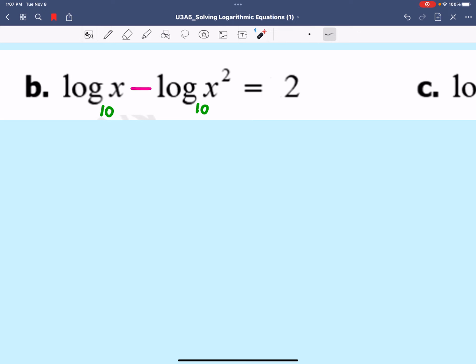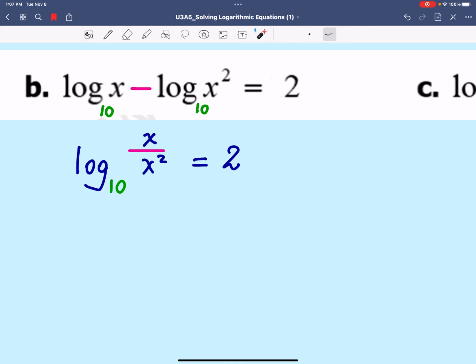On the left side, we have two terms we can combine. They're connected by the minus sign, which means that they must be connected by the quotient law. So we're going to rewrite this as a single log term, with x in the numerator and we are dividing. That's the quotient law. And then we're going to have this equal to 2.